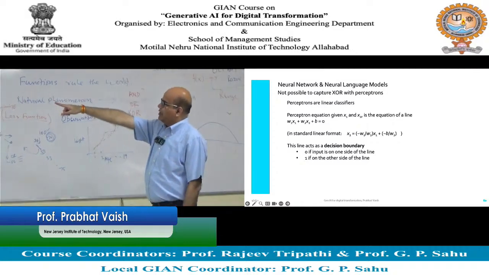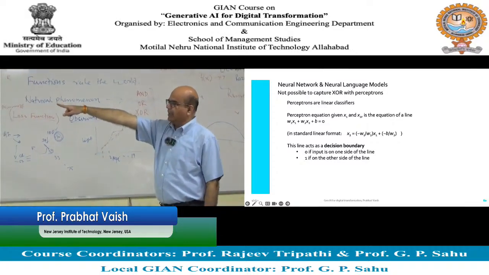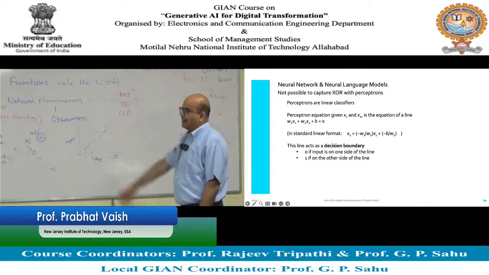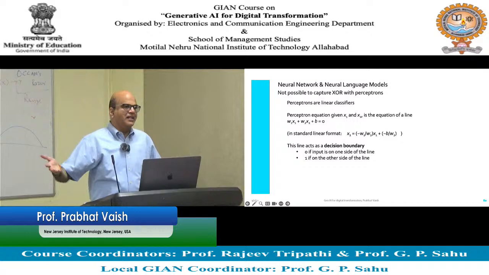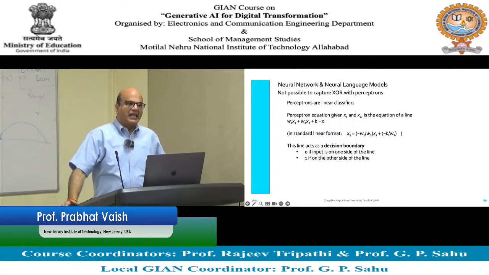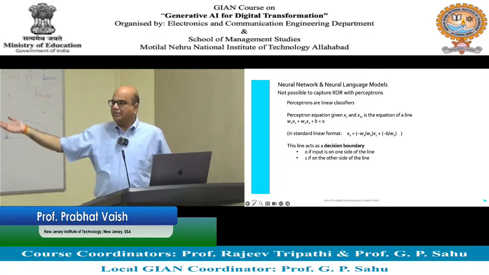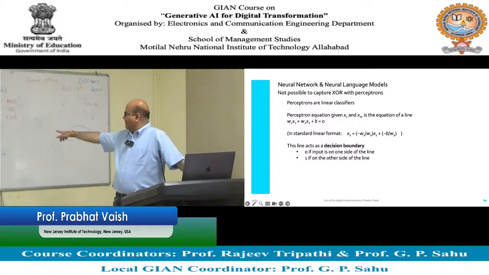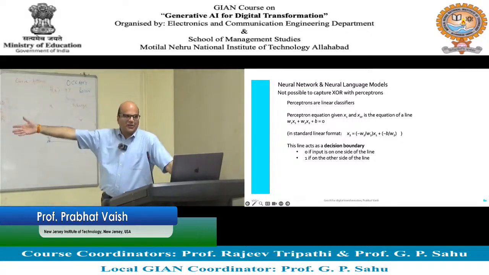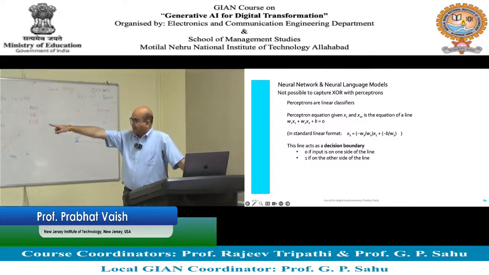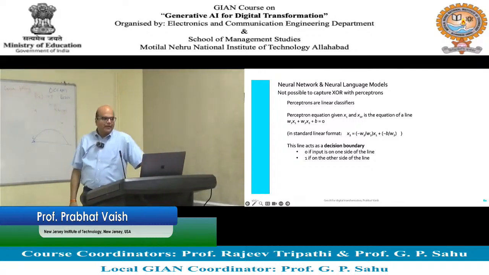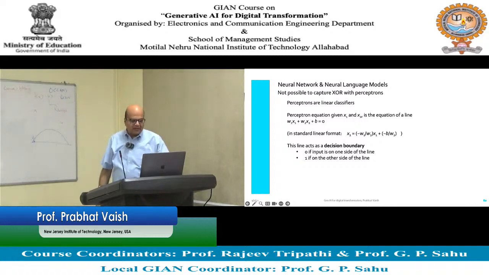The same equation that we have seen can be rewritten in a standard linear format, y equal to mx plus c. m is the slope, c is the intercept, right? B, the bias term, is the intercept here. The differentiation is really the slope, that's m. So the line acts as a decision boundary. Why is the exclusive OR a problem?